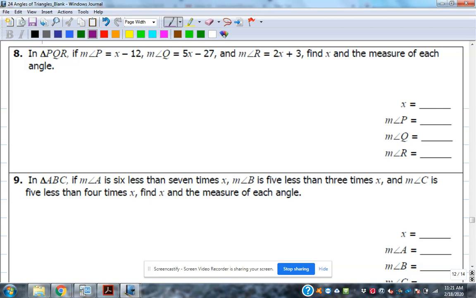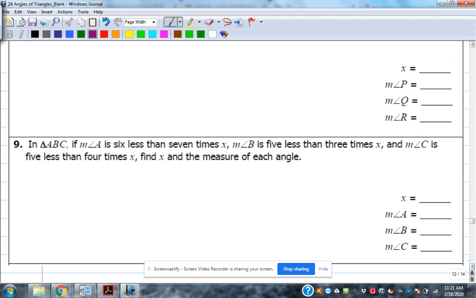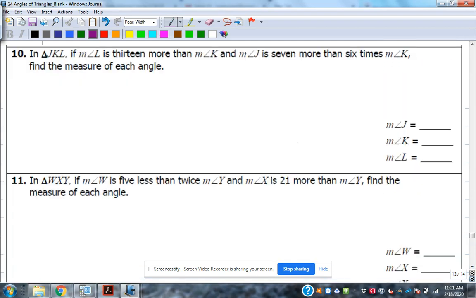And then that gets you x, and you use x to find the rest of them. Nothing different about that problem. Number 9 is one of those translation problems. So it's the same stuff. You just got to translate your angle measurements. Then do the same work. Add them up, equal to 180, get x, and then get the angle measurements. Easy stuff. Let's look at 10.